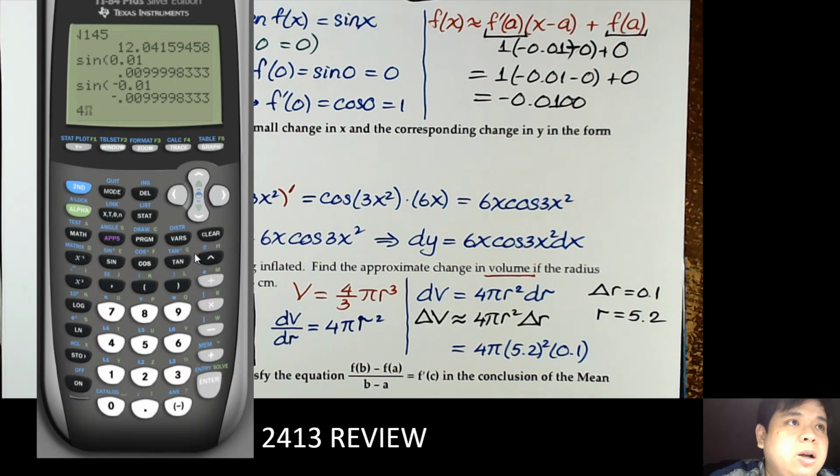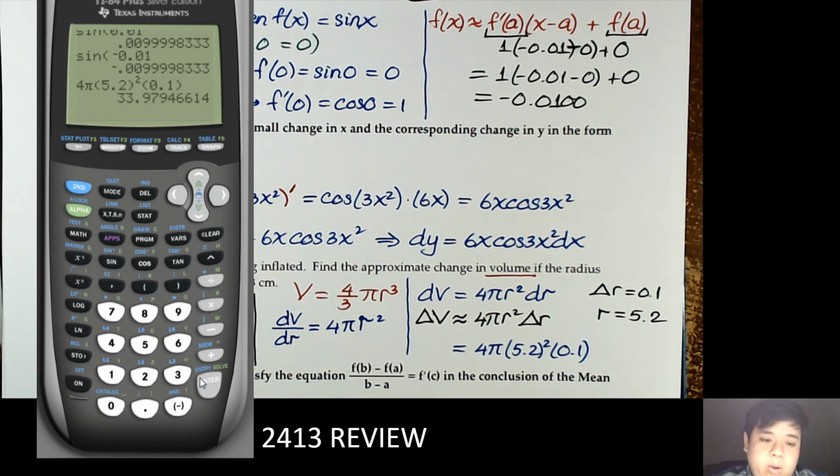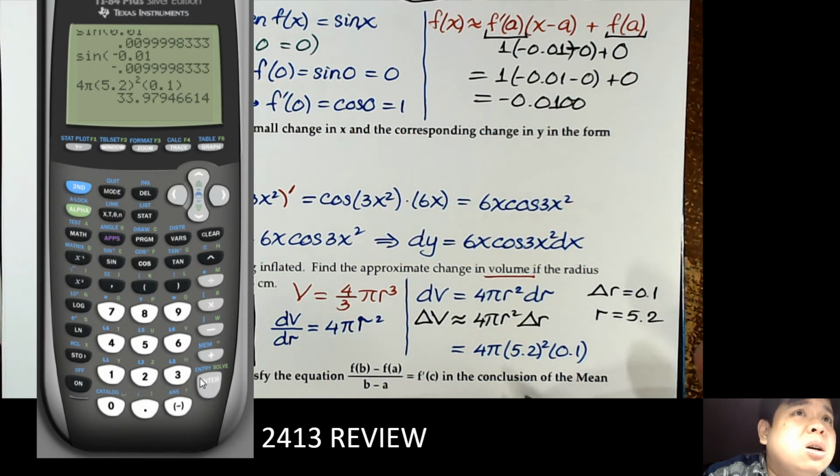4 pi times 5.2 squared times 0.1. We have about 33.97.